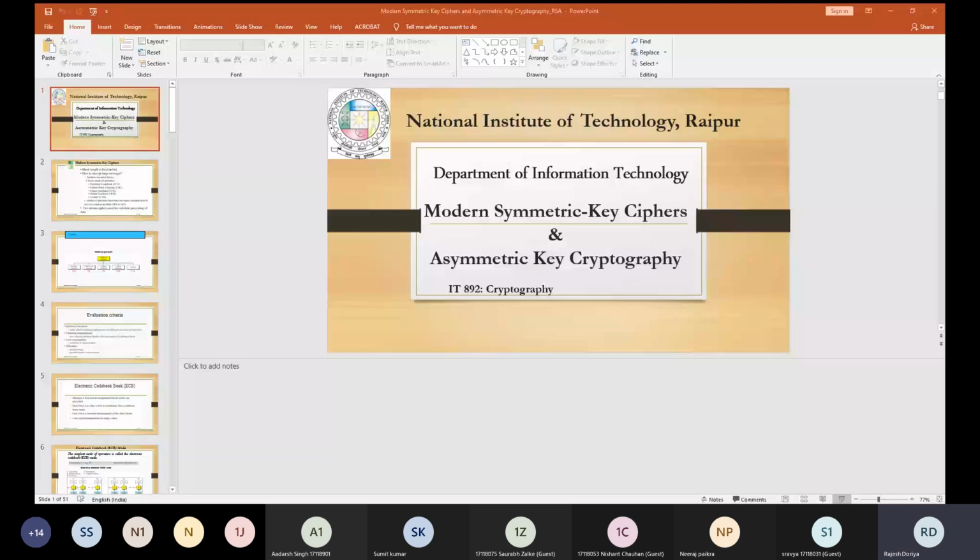Okay, let me tell you. In DES or AES, as we know, these were the techniques for block encryption, right? That means whatever data we have got, first we need to convert that data into a number of blocks, then the encryption over those blocks is going to be performed, right?